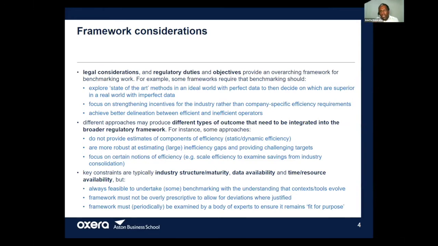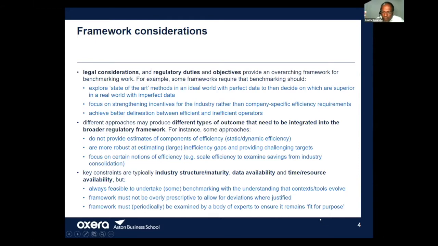When it comes to framework considerations, this is where the legal requirements, the regulatory duties, and the regulatory objectives provide the broader context for efficiency work. For example, in German energy regulation, the regulator, the regulator's consultants, or the companies have to apply methods which are consistent with state-of-the-art scientific literature. That is a legal requirement.